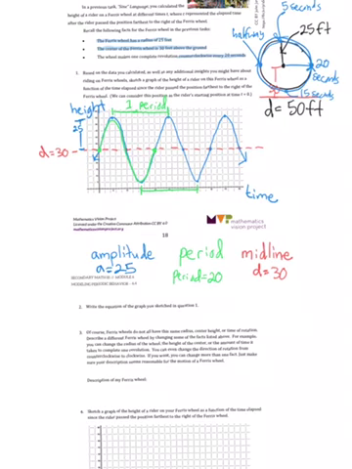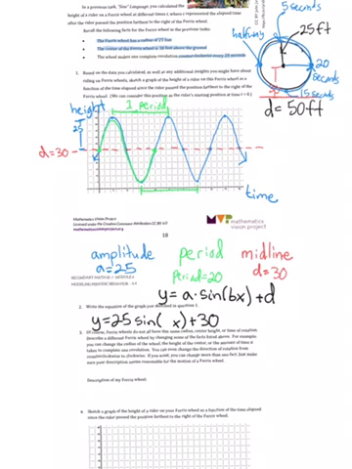Now the reason I chose these variables is because we're going to have our function written as y equals A times sine of b times x plus d. A stands for our amplitude. So in this case, A equals 25 sine of bx plus 30.